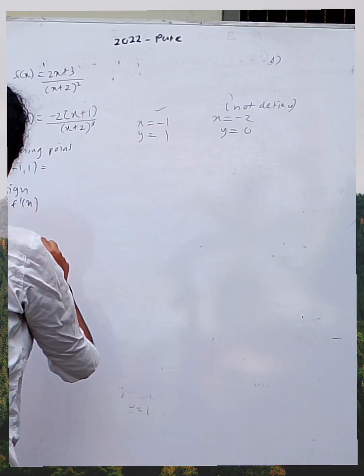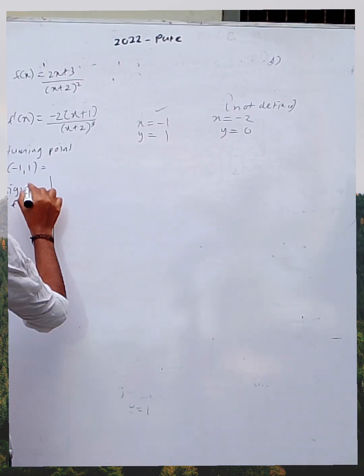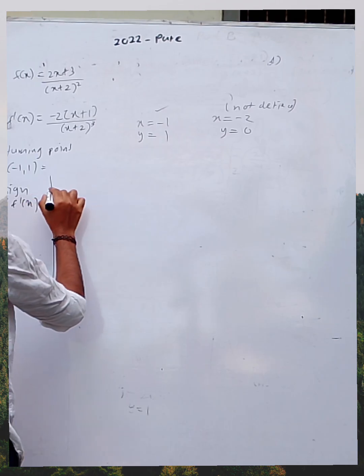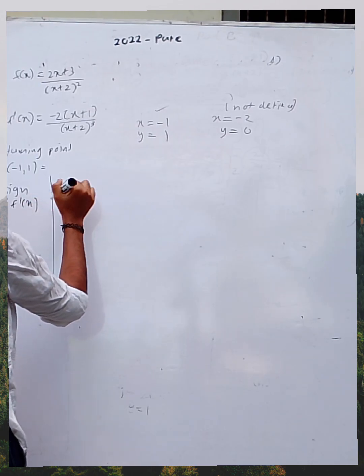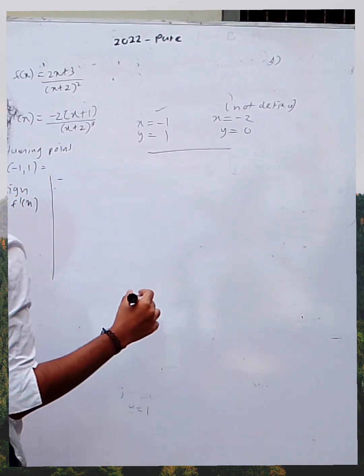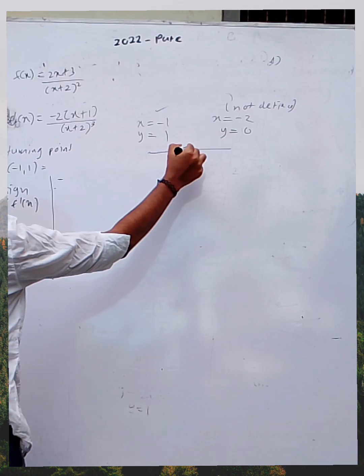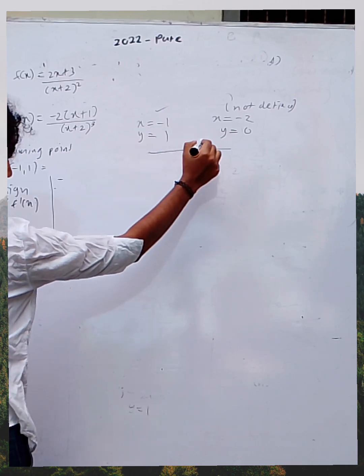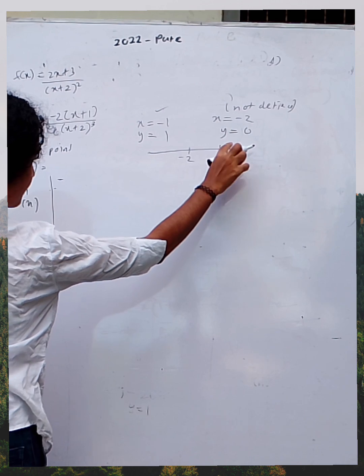Now I'll come to finding the sign of f'(x). You should write this in a table format. Just write the ranges now. If you are unable to get the ranges specifically, it's better if you draw a number line and mark the x points: -2 here and -1.